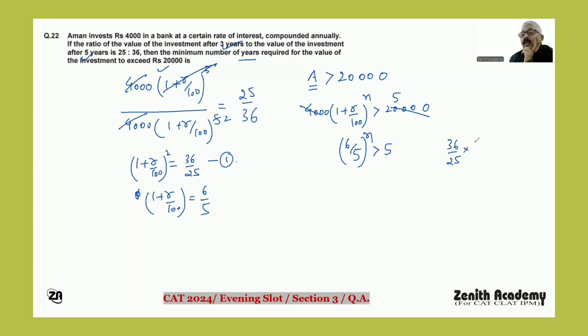If I take one more 36 by 25, that is 2 years plus 2 years, which makes 4 years. 36 squared I know is 1296 and 25 squared is 625. 625 twos are 1250, so the value that comes will be 2 point something. If I take one more 1296 upon 625, that is 2 point something into 2 point something, that is 2 to the 4, which is 8 years.